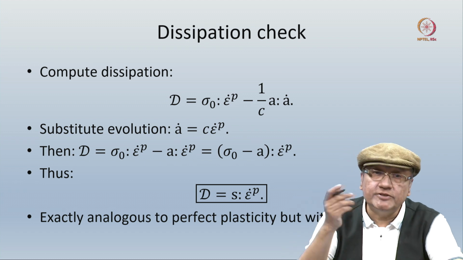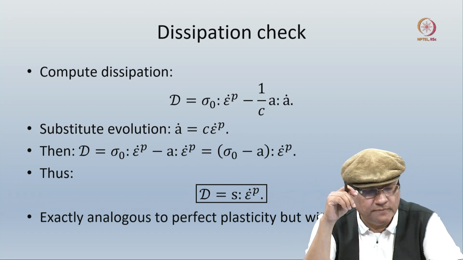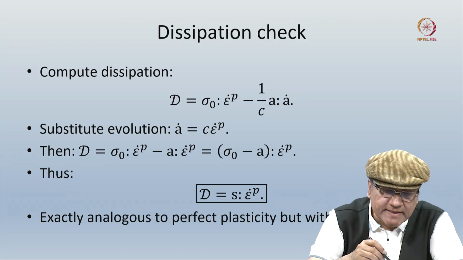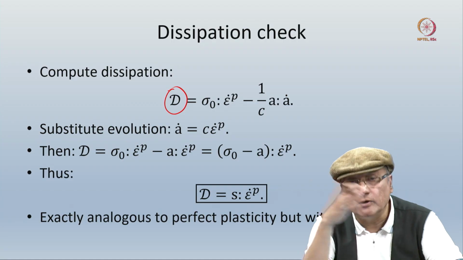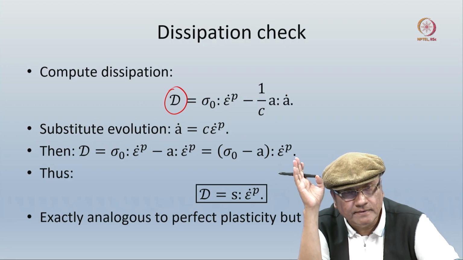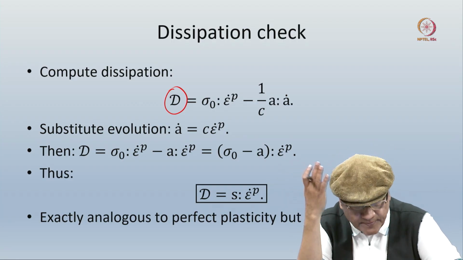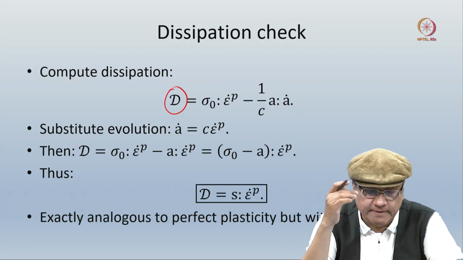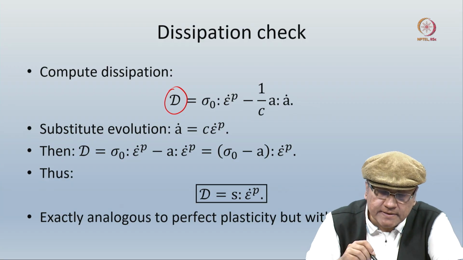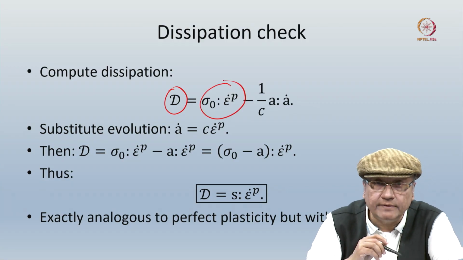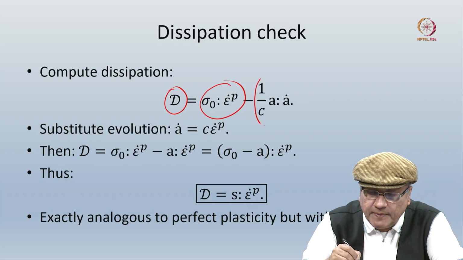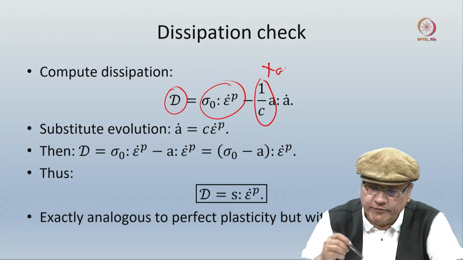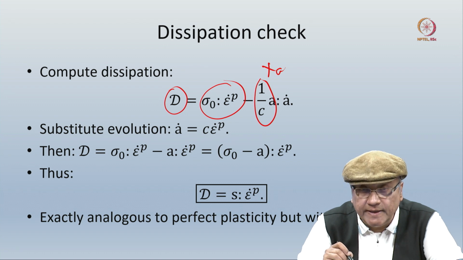Let us do the dissipation check as we have been doing all the time. Okay. So compute the dissipation as before. So this is the dissipation which actually converts to heat finally, seen as temperature rise, transfer to the ambient temperature finally. Okay. So now this consists of the original plastic work minus this part, which is nothing but X A, the hardening force, Frobenius inner product with A dot.